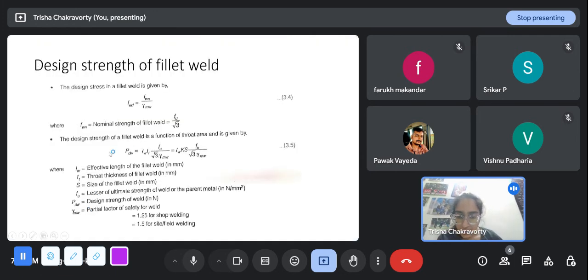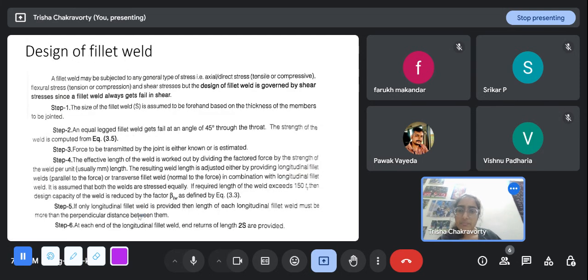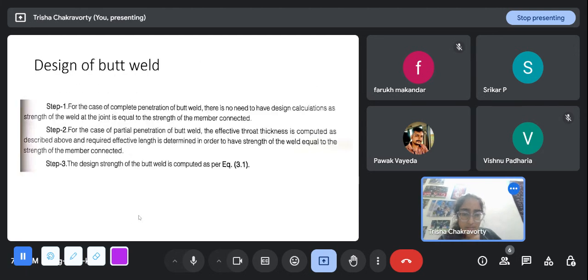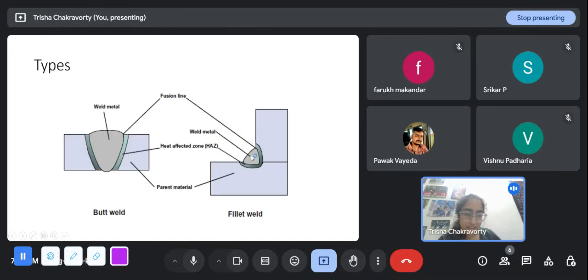PDW is the design strength of weld, and this is the partial safety factor, that is 1.25 for shop welding and 1.5 for site welding. The design of fillet weld is governed by shear stresses, since a fillet weld always fails in shear. See, this fillet weld cannot actually undergo tension at any point.